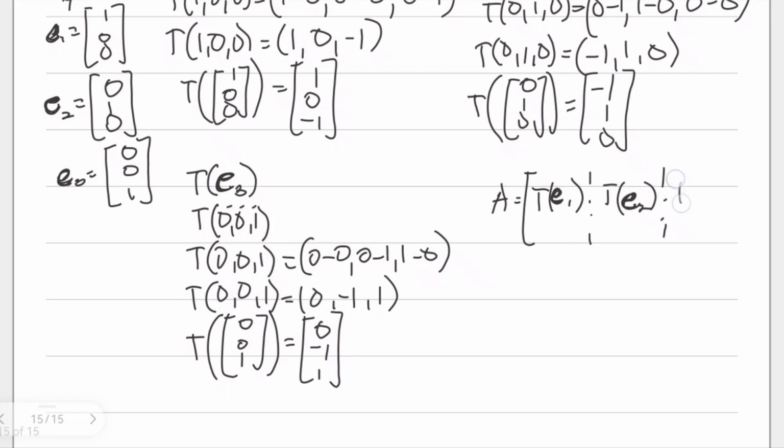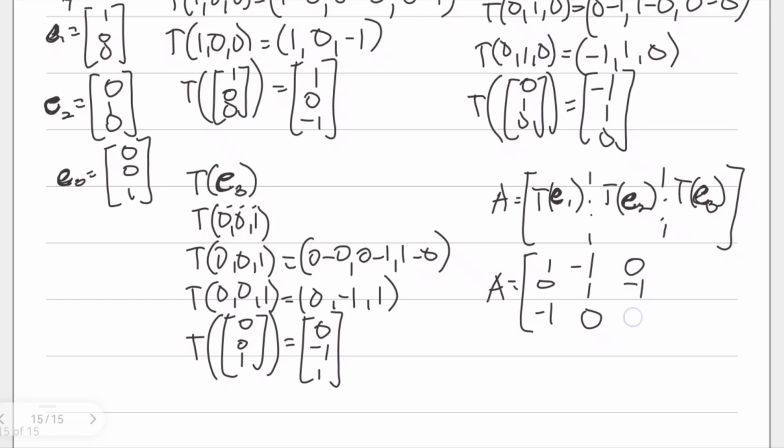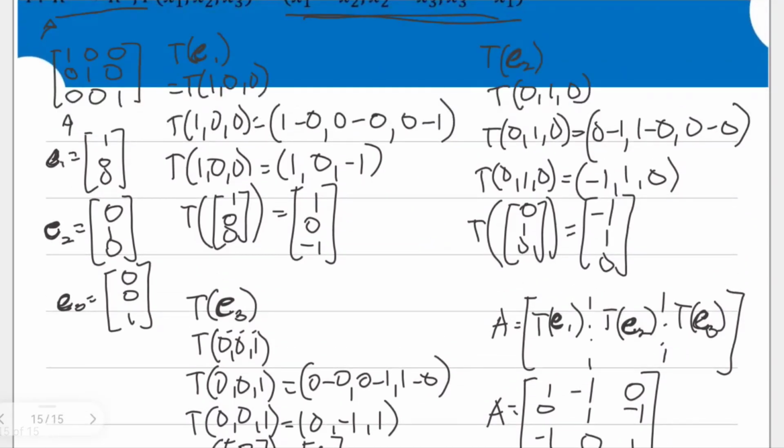So our standard matrix for this second linear transformation is 1, 0, 1 here. We have negative 1, 1, and 0, and 0, negative 1, and then 1. This is again the standard matrix for the second linear transformation.